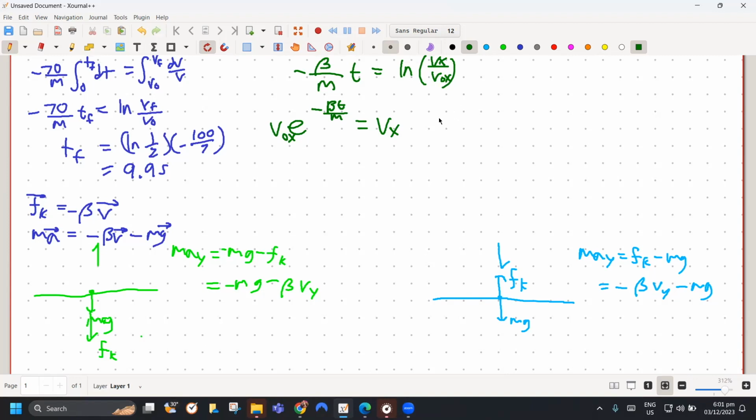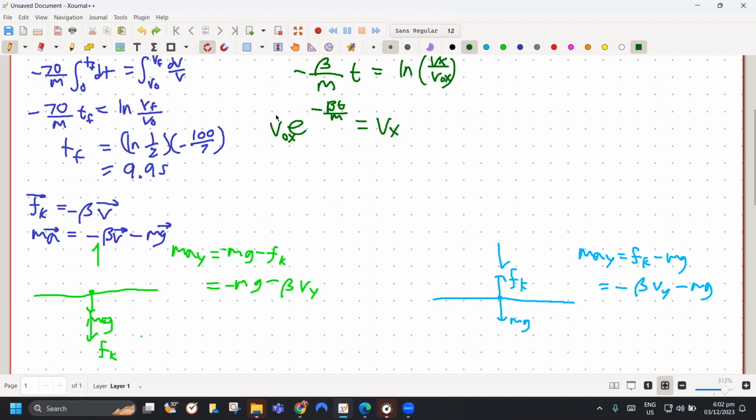Okay. Now, v_x is dx/dt, right? So integrate. The classical form: a constant times e to the something times t. So the antiderivative, what's the variable?